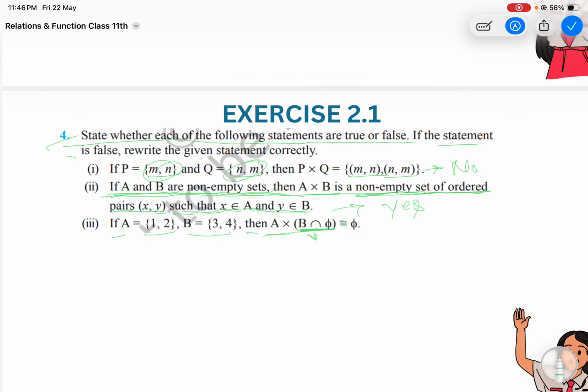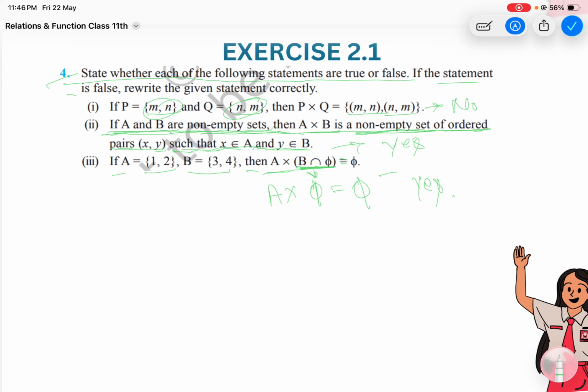If we find what is common between something and nothing, it will be nothing only, 0. And when we multiply 0 with something, it will be 0 only, right? So this is also a true statement.